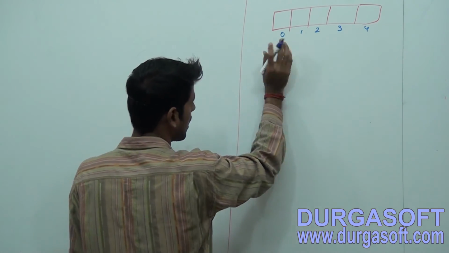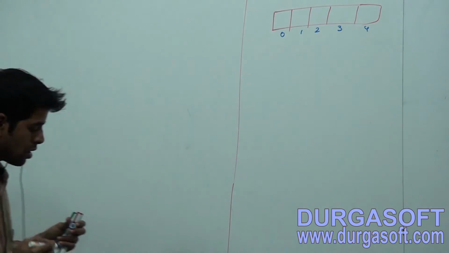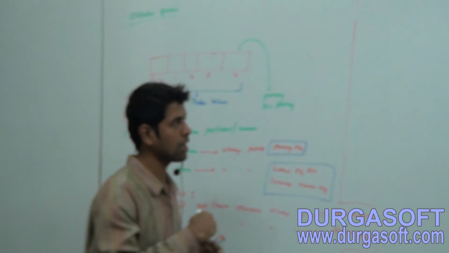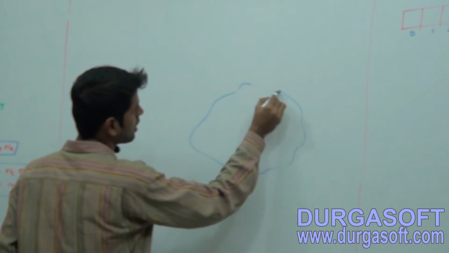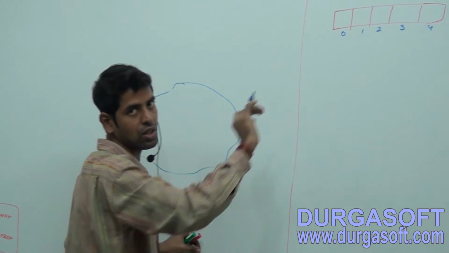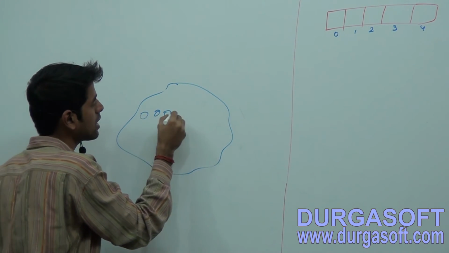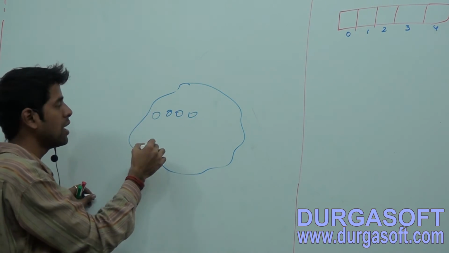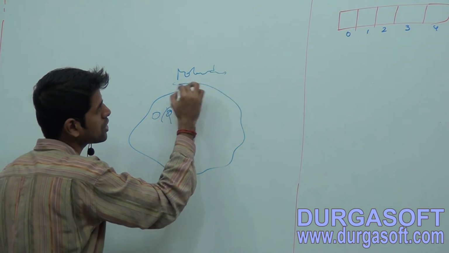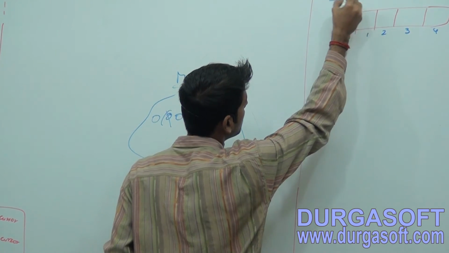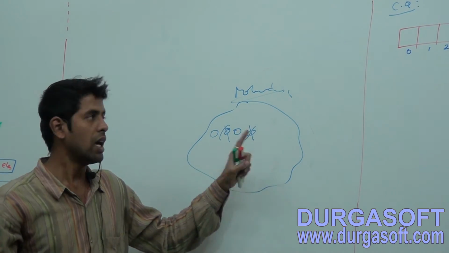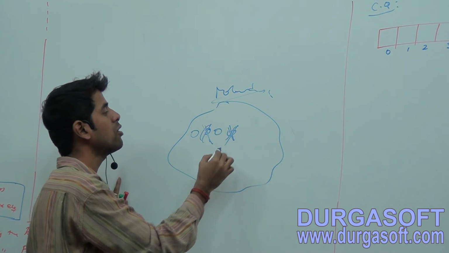Now that is an array, and there I want to store data. Earlier I gave one linear structure, where I was inserting data in a sequential way and deletion was happening in a random way.